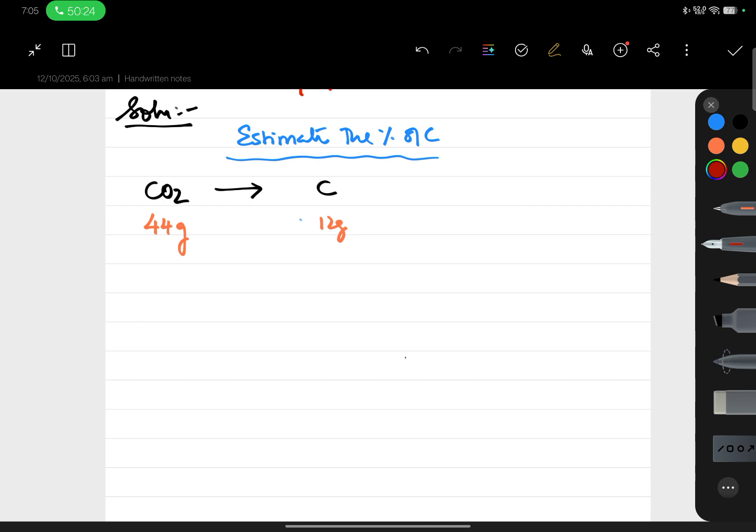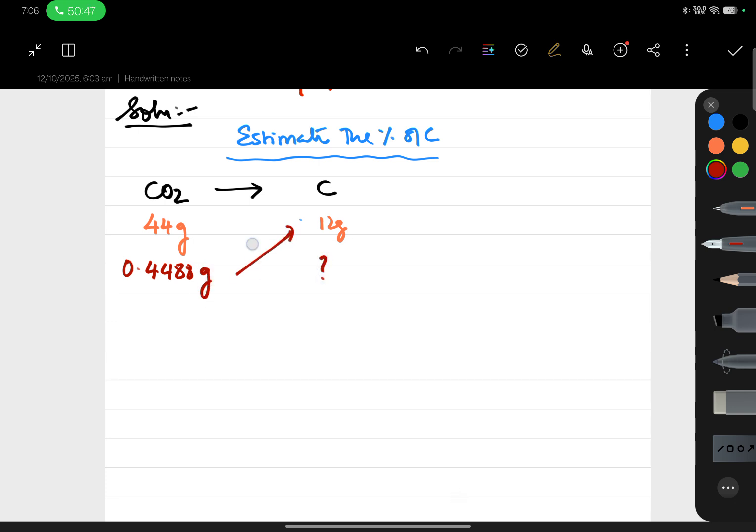Read properly. What is the mass of carbon dioxide they have given in the problem? 0.4488 grams. For this, how much carbon?